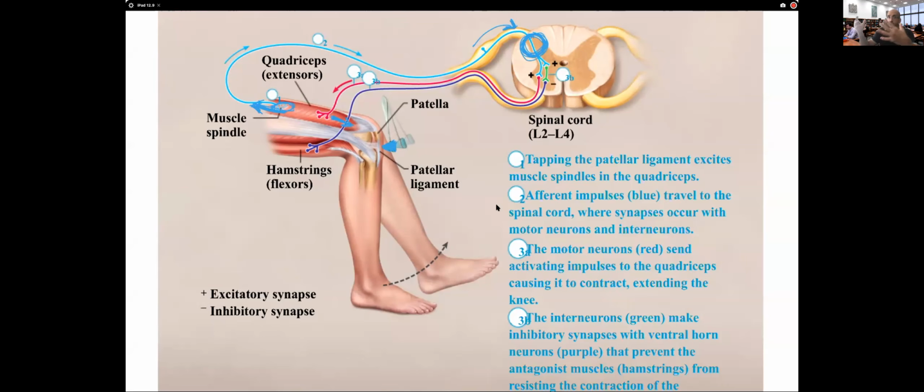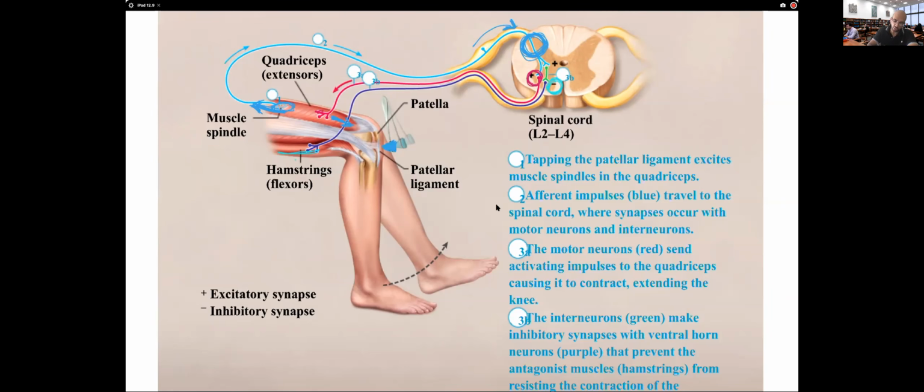Again, two integrations here that will be taking place. An integration with an excitatory nerve cell that will be delivering excitatory impulses to my quadriceps for the quadriceps to contract, but at the same time, I want to inhibit the contraction of my hamstring muscles, the flexors.